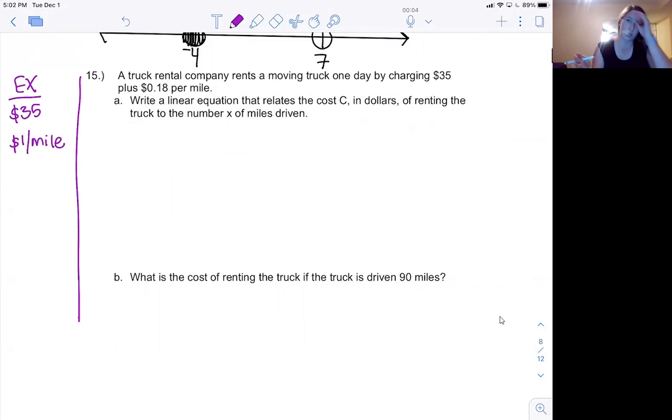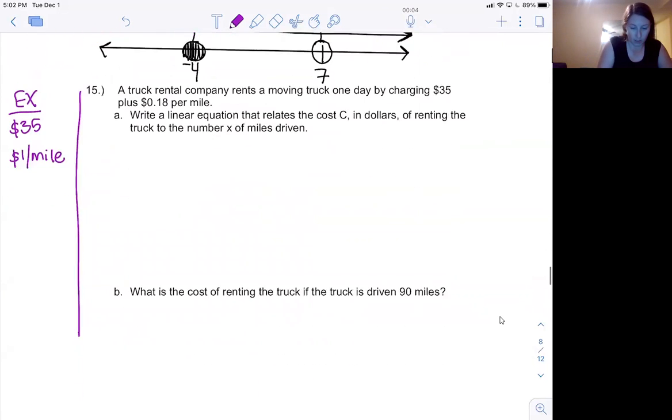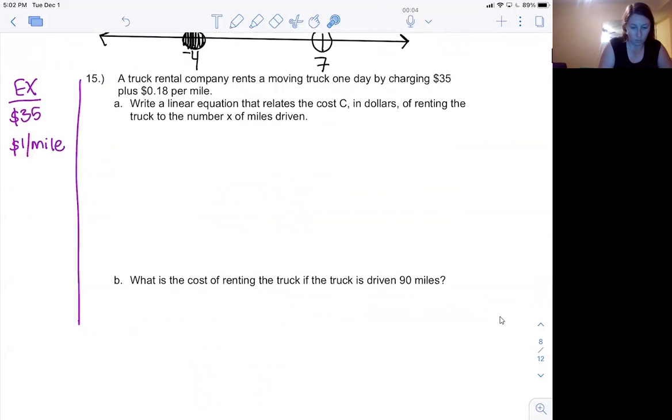If you rent this truck and you go for 5 miles, how much did it cost you? In your head, you would say 1 times 5, right? $1 for every mile, so I had to pay $5 for the miles I did, and then plus $35. So I would have to pay them $40.